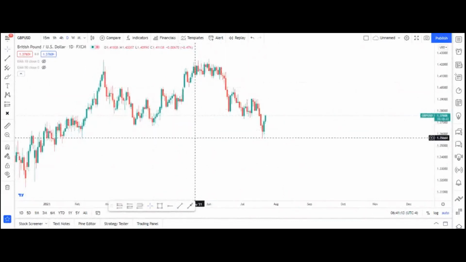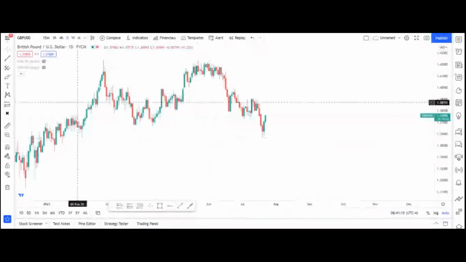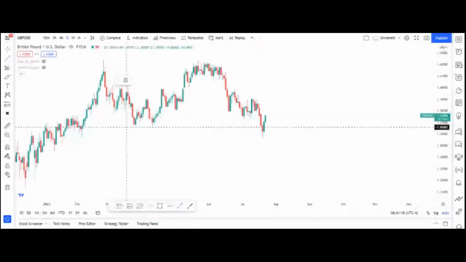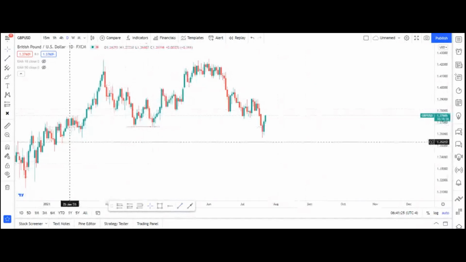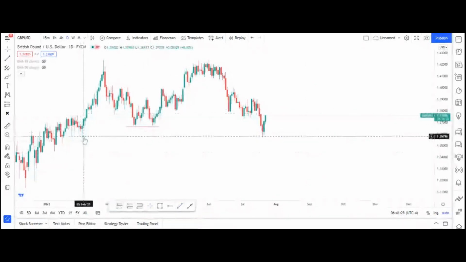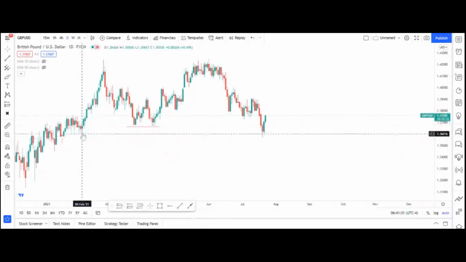Why did GU have to trade lower to this area? It was simple. We had clean lows right here, so we had to trade lower back there. And this was inside this bullish candle. There is an order block there, so we're going to look for it on the 4-hour time frame.